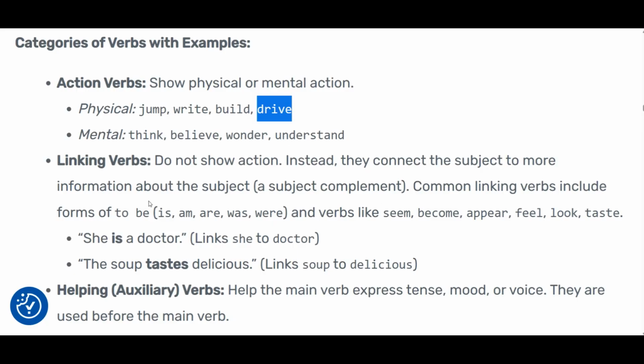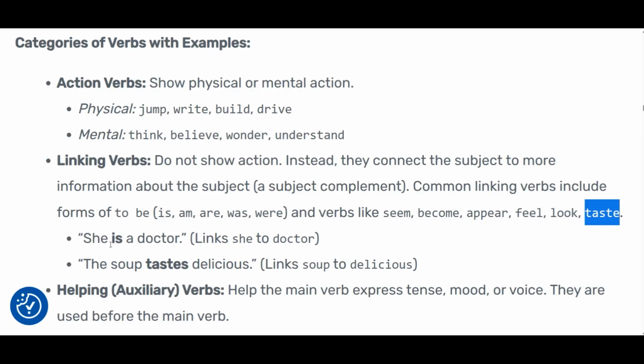Common linking verbs include forms of to be, like is, am, are, was, were, and verbs like seem, become, appear, feel, look, taste. These are linking verbs. They do not show action. Instead, they connect the subject to more information about the subject.